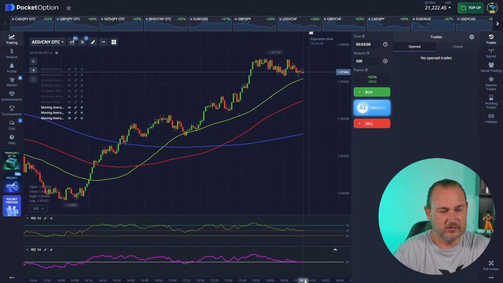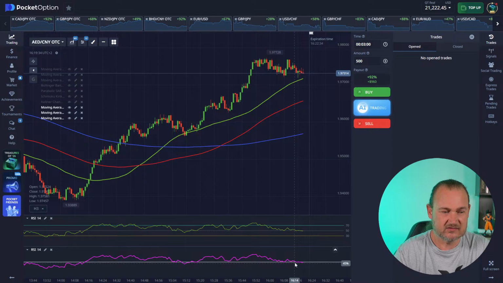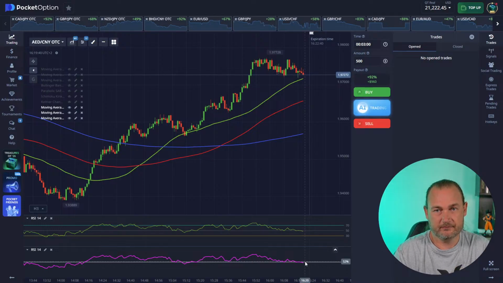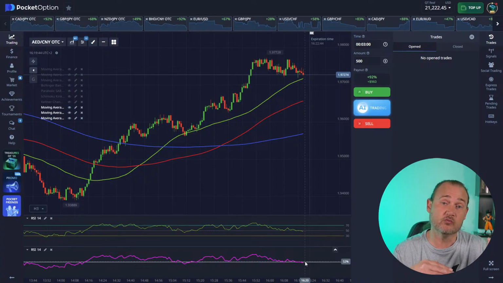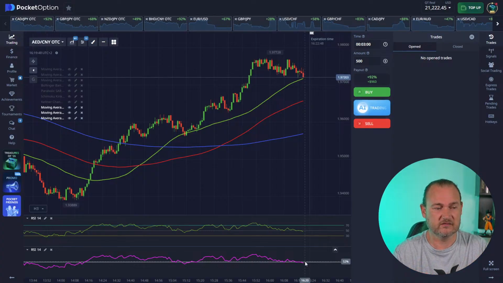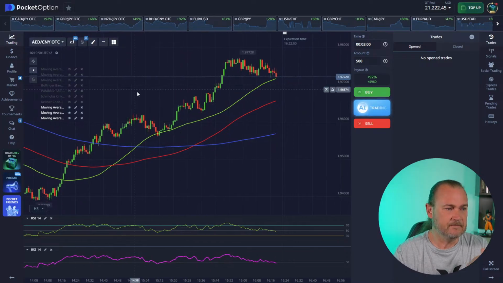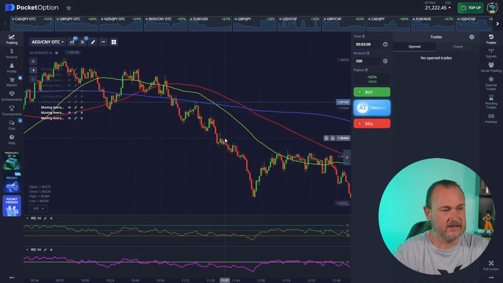At this point in time, we have basically sideways movement on the RSI. It's not moving in a direction. This is basically flat, so this is no momentum. The 50 line is no momentum. The more we go above the 50 line, the more bullish momentum. The lower we go below the 50 line, the more bearish momentum we have. It's a very simple concept. It's a really, really simple concept.